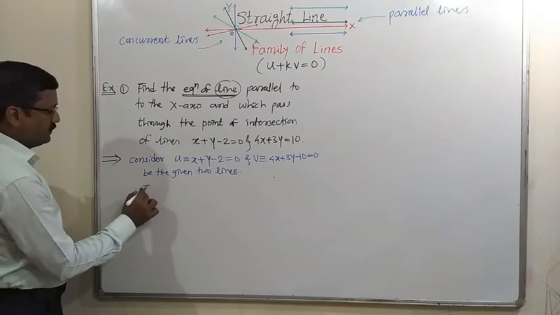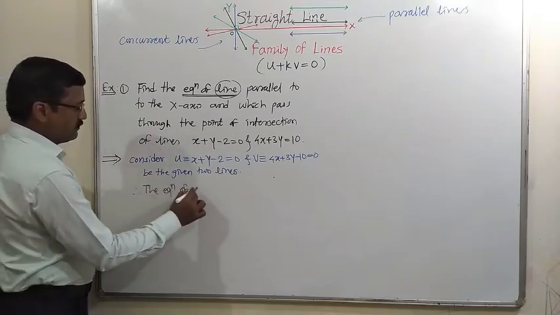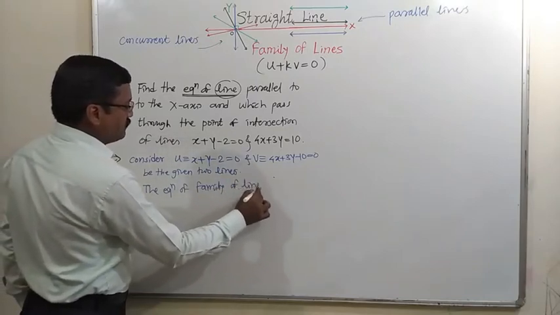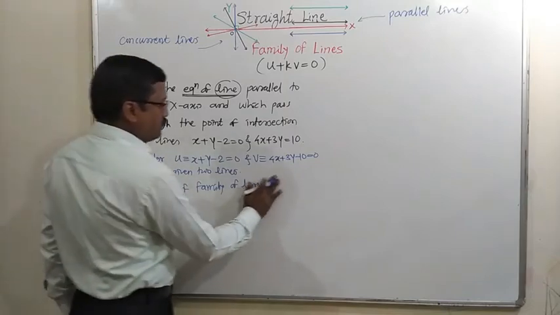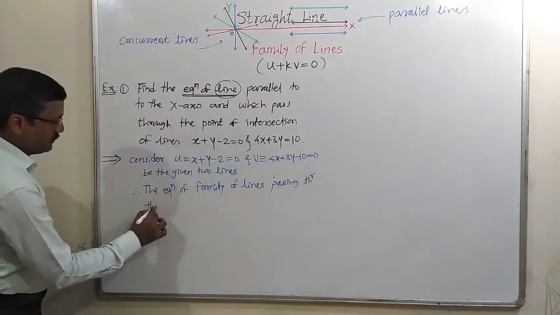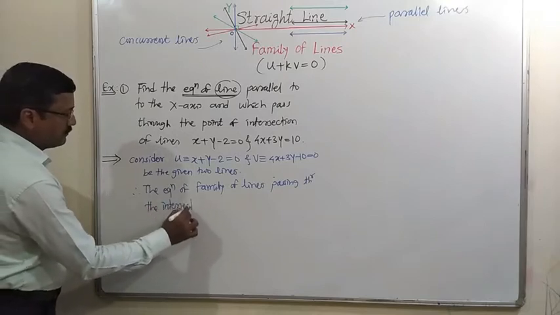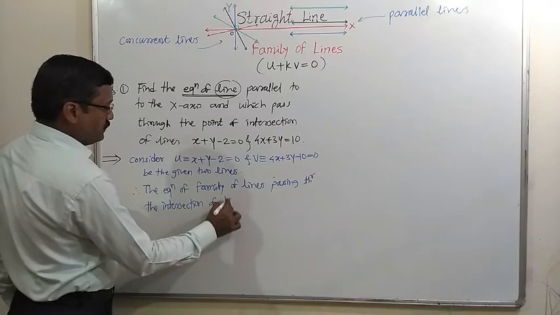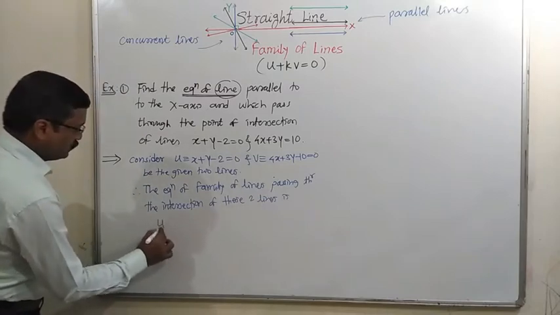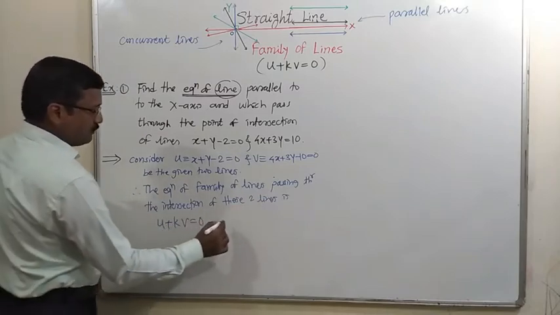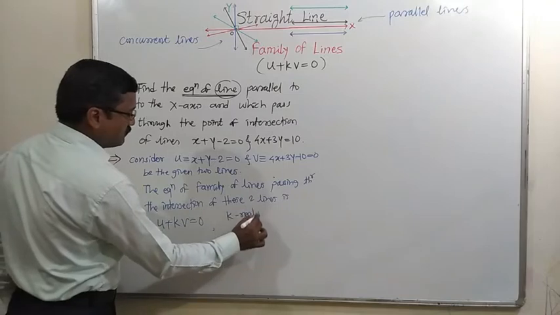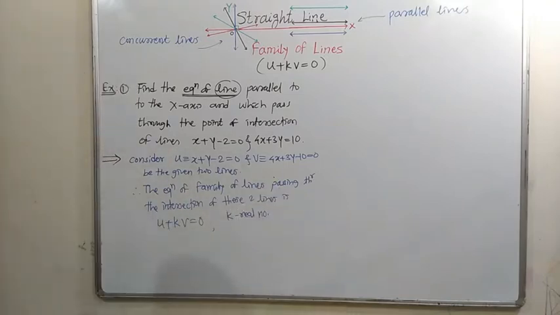Okay, therefore the equation of family of lines passing through the intersection of these two lines is u plus kv equal to 0, where k may be 0 but k is a real number. Okay, so k is a real number.